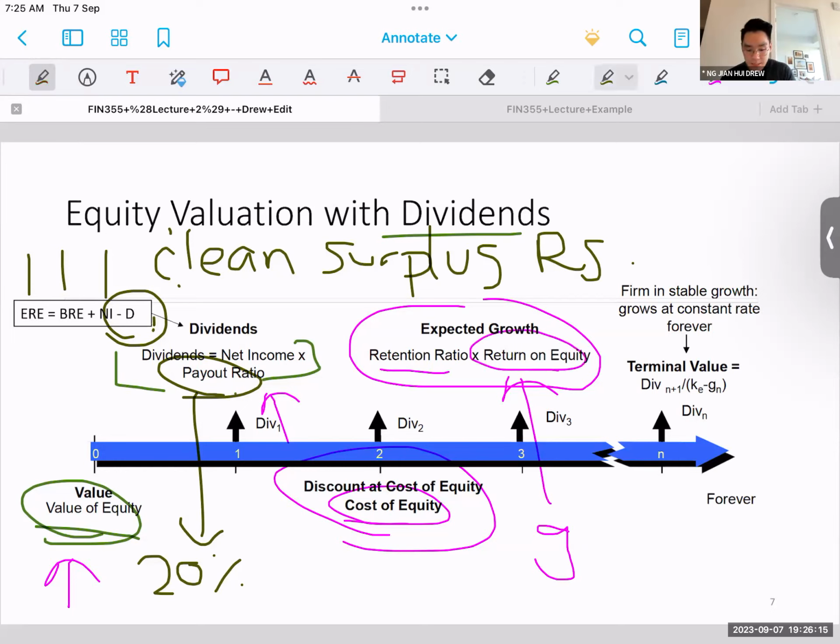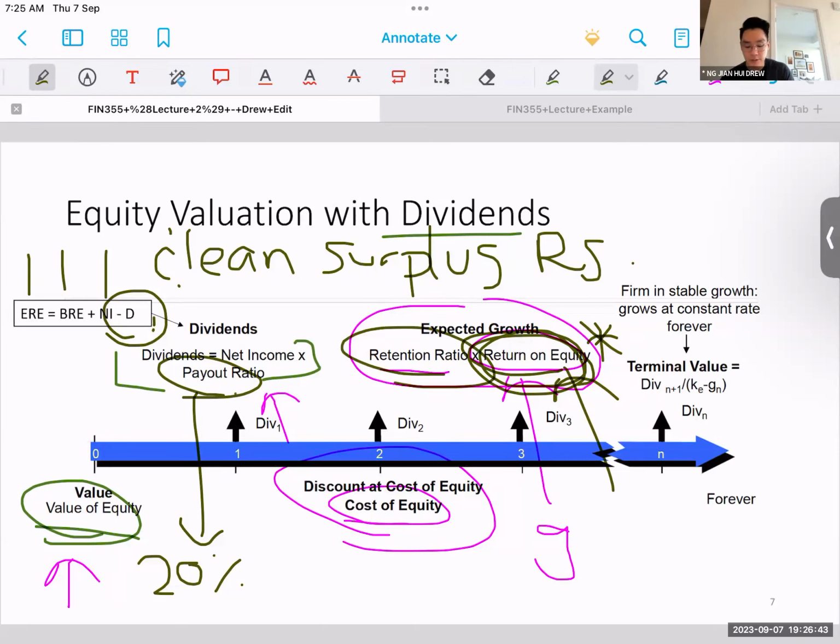So this part here would change based on what you are valuing. In this case, we are valuing equity, so we multiply by return on equity. Later, when we do the free cash flow from firm, you'll notice this will change. So this is something you take note of. It will change, but this part, retention ratio, stays the same. And we'll explain what retention ratio is in a bit.